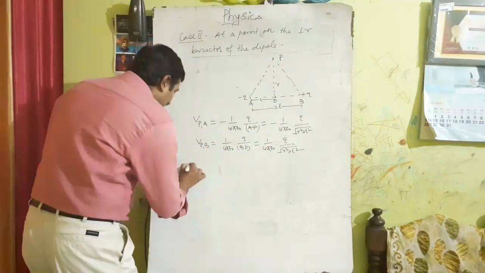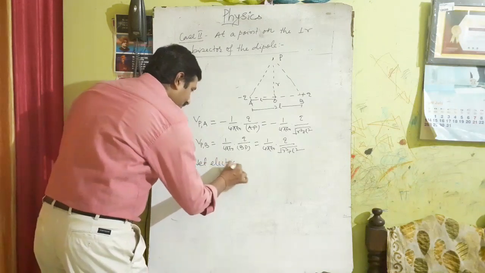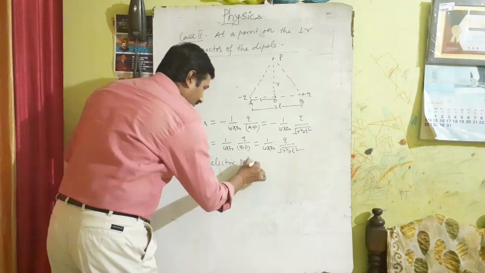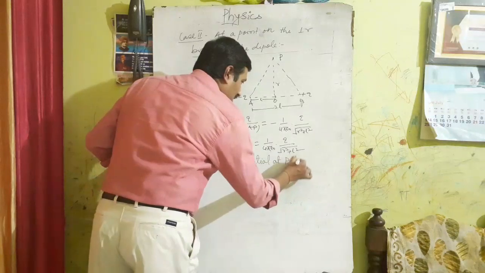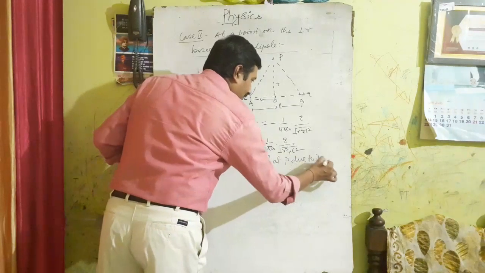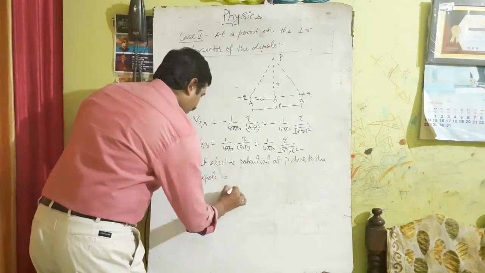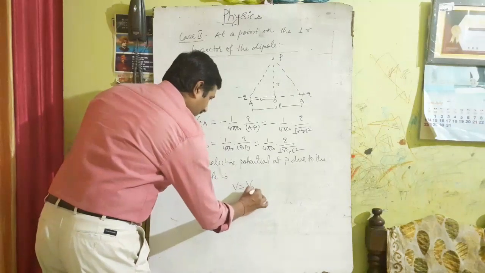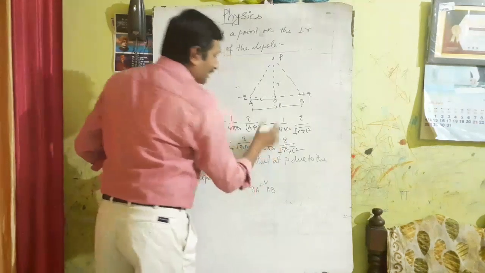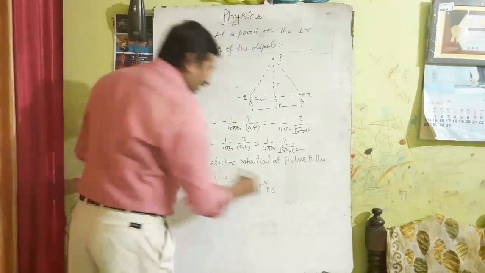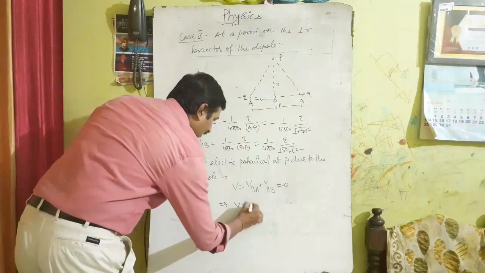So therefore the net electric potential at P due to the dipole is V equals VPA plus VPB. Whenever you add these two, one is positive, the other is negative, and they are equal, so their sum will be 0, meaning the electric potential is equal to 0.